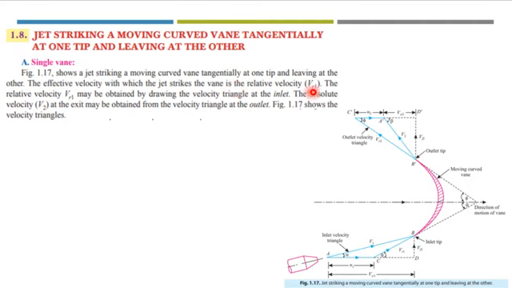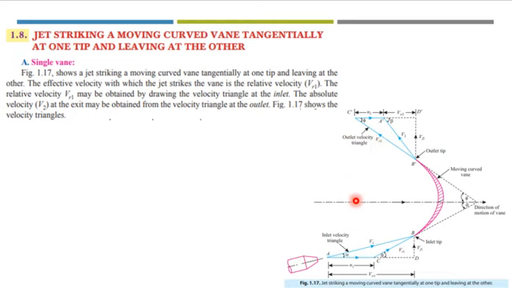So the figure shows a jet striking a moving curved vane tangentially at one tip and leaving at the other. The effective velocity with which the jet strikes the vane is the relative velocity, as we have discussed in all the previous cases. The relative velocity VR1 may be obtained by drawing the velocity triangle at the inlet.